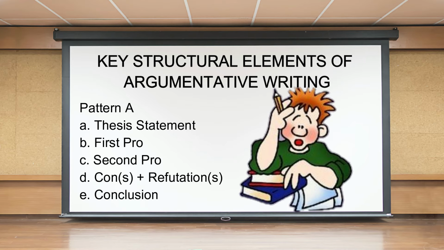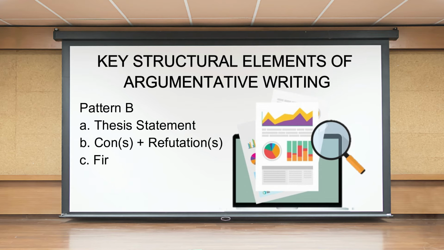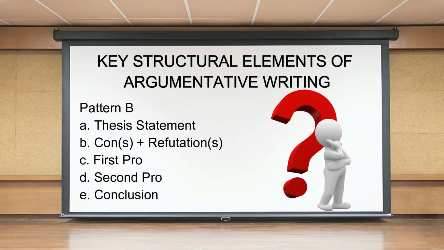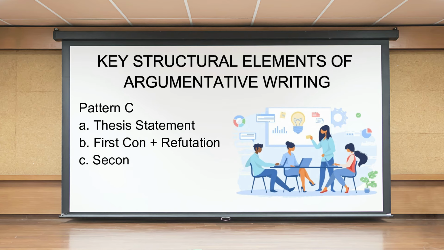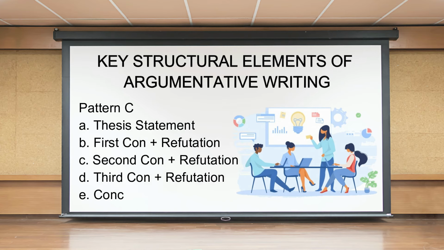Pattern B, meanwhile, is almost similar to the first one. The only difference is that it presents the cons and refutations first before building up the thesis statement using the pros. Finally, Pattern C presents the simplest flow of arguments starting with the presentation of the thesis statement.